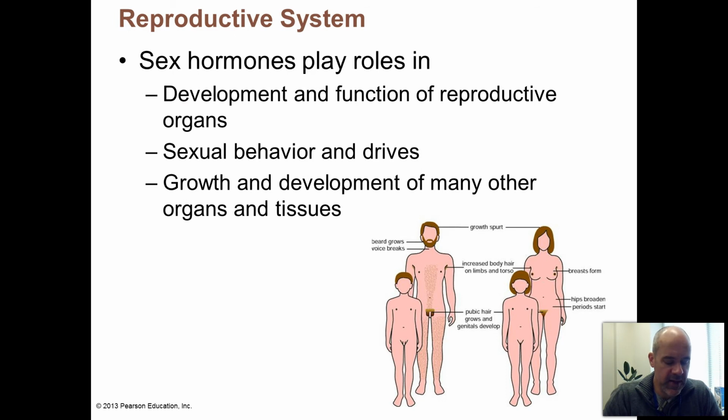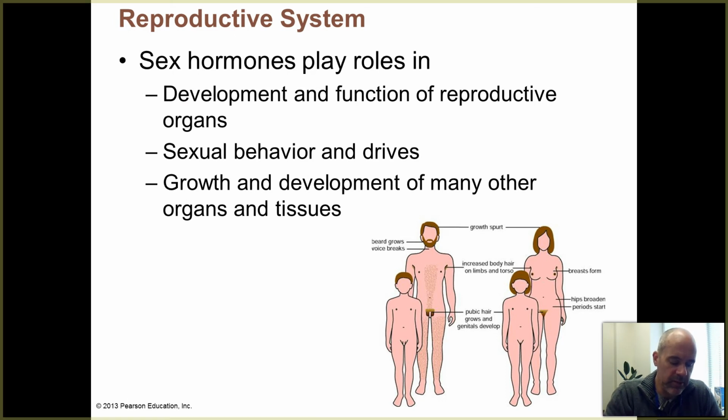All right, as I mentioned, the sex hormones play very important roles in males and females. They start being produced at high levels when a boy or a girl reaches puberty, and they're very important for the development of the reproductive organs. So you've got to have these sex hormones for males to produce functional sperm and for females to produce functional ova.